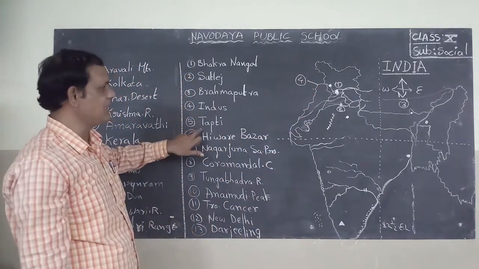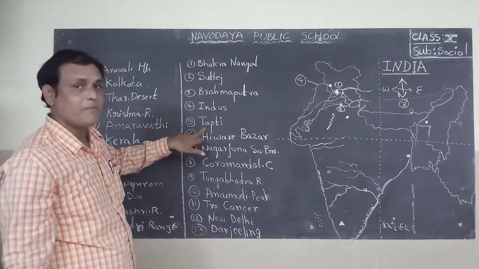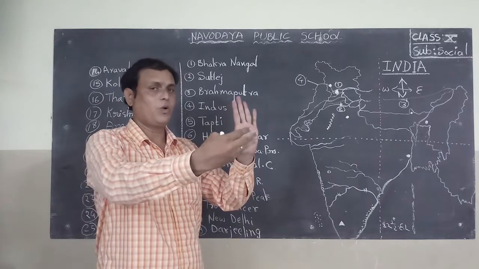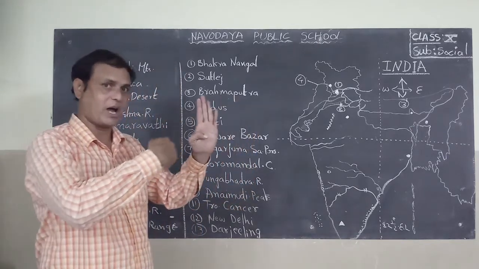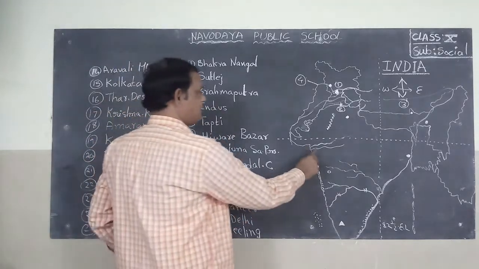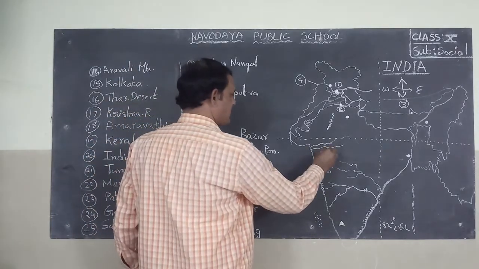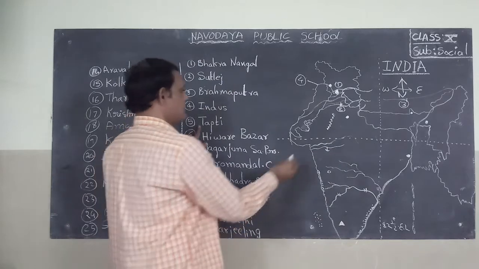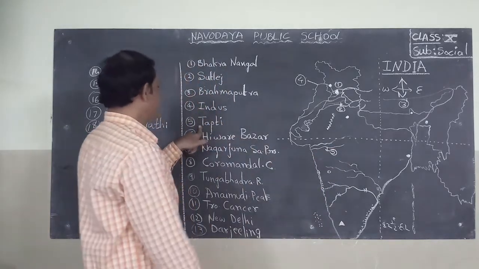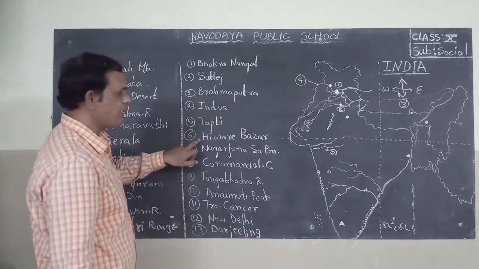Next, Tapti. Look, boys and girls, I said 4 rivers go westward and drain into the Arabian Sea, not the Bay of Bengal. So this is the Tapti river, number 5. Next, Hiware Bazaar.